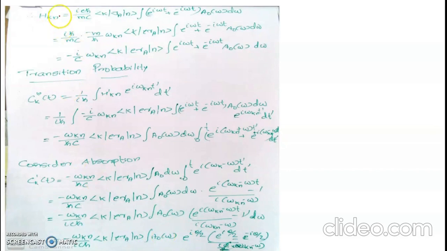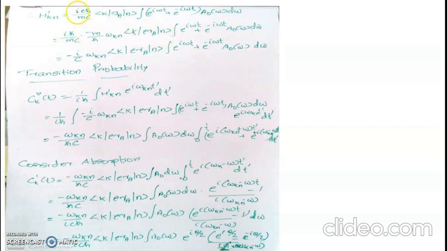So H prime Kn becomes, it was I E H cross by MC scalar product K grad A ket n integral e power I omega t e power minus I omega t A0 of omega d omega. So I will be taking this E to this operator domain, so that I can replace this quantity scalar product k grad A ket n by means of this operator scalar product k E R A ket n.